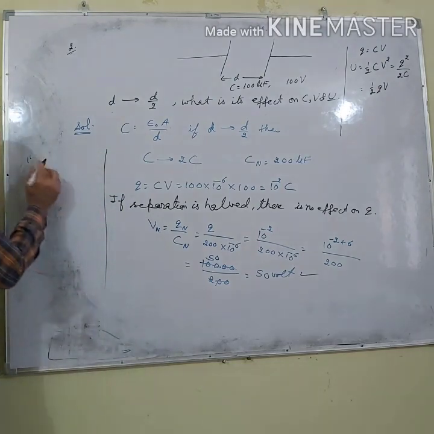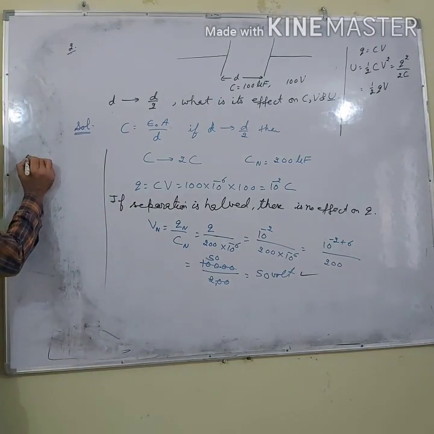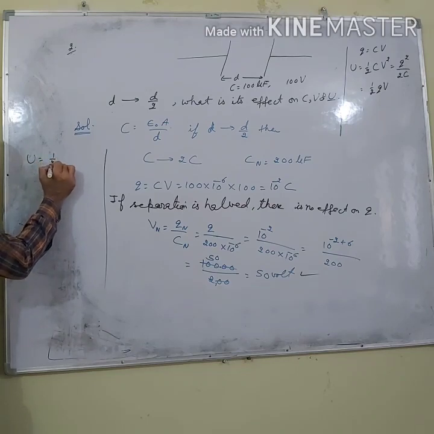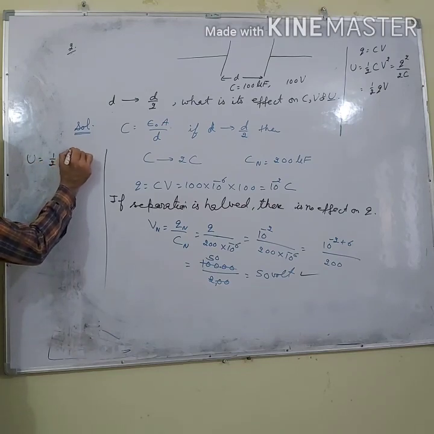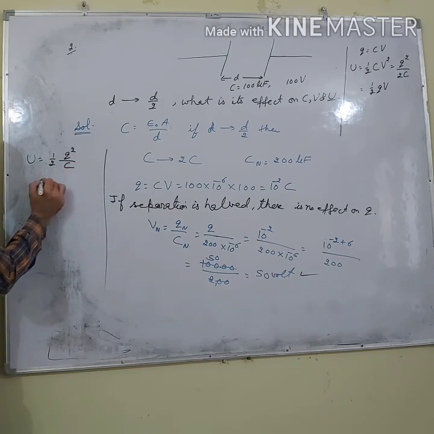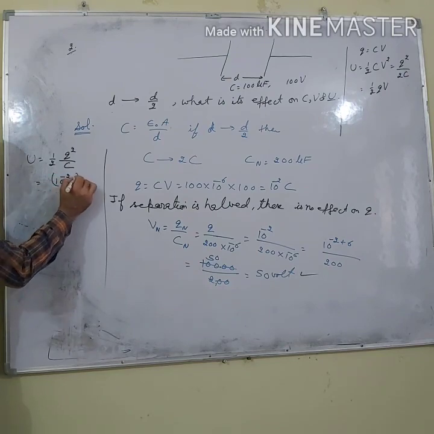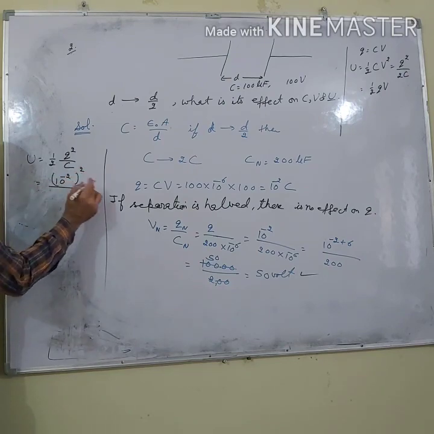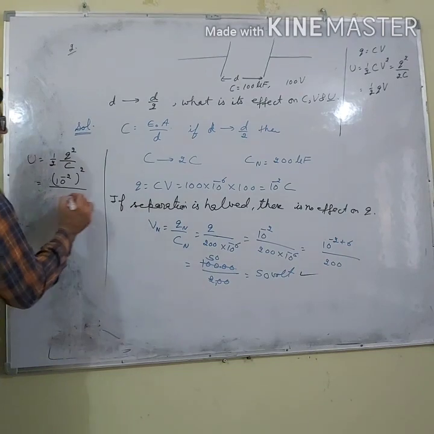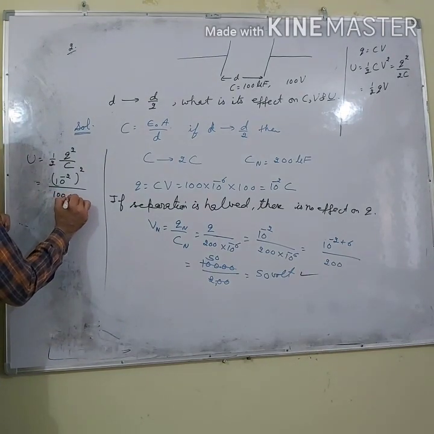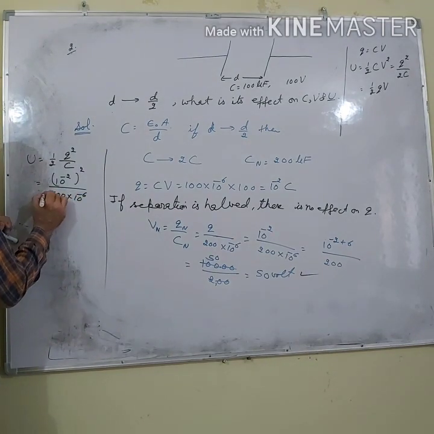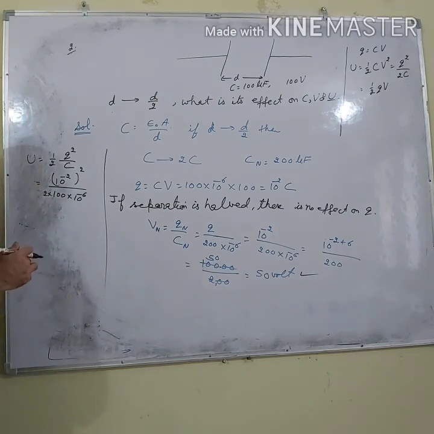Listen everyone, potential energy, you can use either formula, half of Q square by C, and Q is 10 to the power minus 2 square, and what is the C? In the beginning, C is 100 microfarad multiplied by 2.